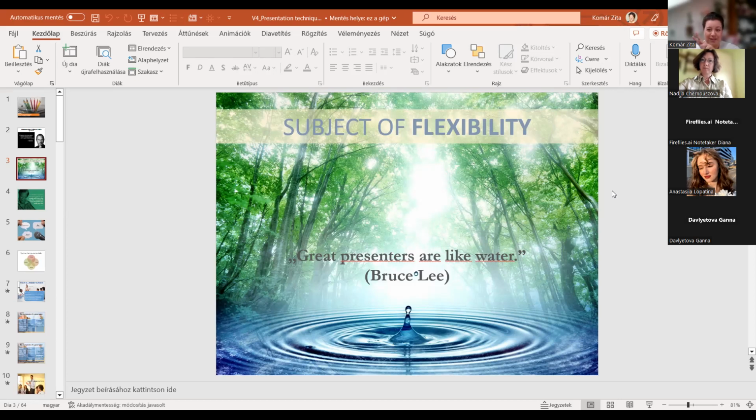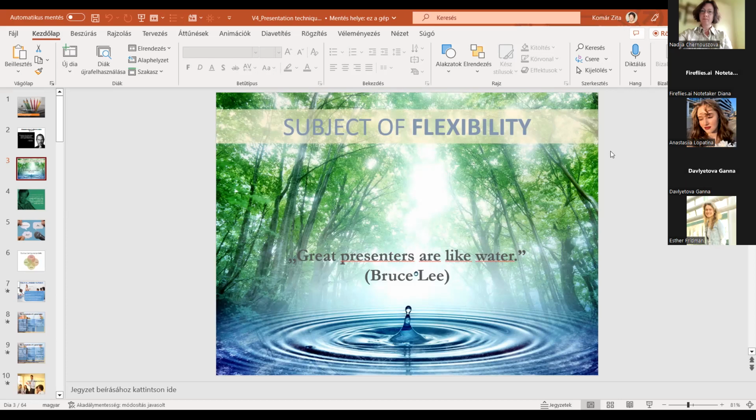The second solution from my students is that water can adapt to everything, because it can harden and become ice, or it can get really hot. It is fluid, so it can take the shape of everything. So it's adaptable, really flexible. And they said that maybe the quote refers to the idea that great presenters should be flexible.